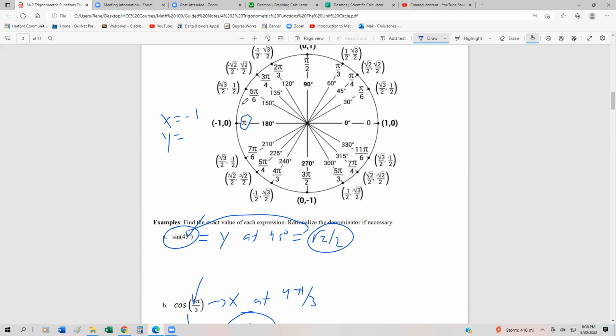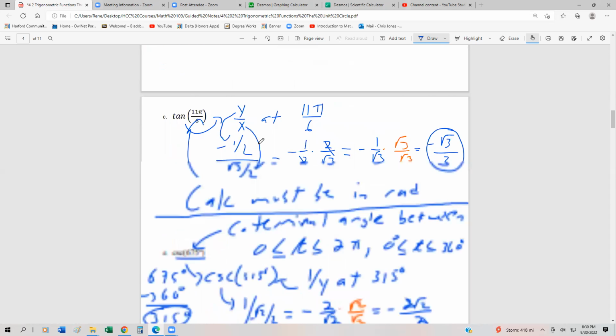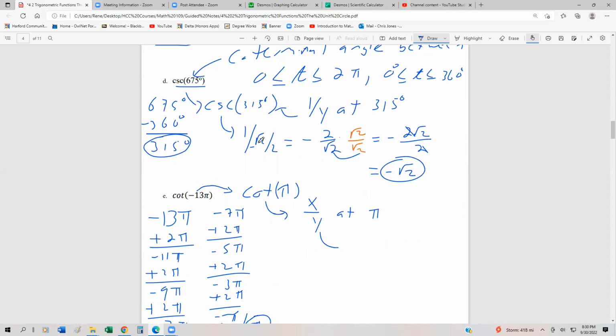We notice the y coordinate is 0. All right, so that makes things easy. So we go back down here, and x over y is going to be negative 1 over 0, which unfortunately is undefined. All right, and it is possible that we could end up having these trigonometric functions that don't have definitions at certain angles. All right, so cotangent is not defined at pi.